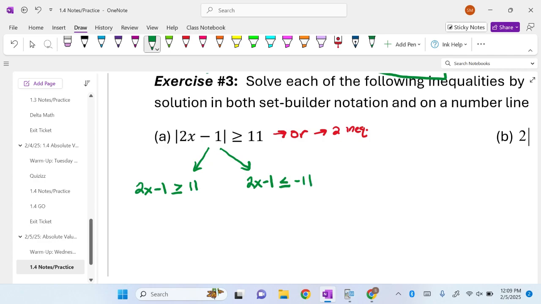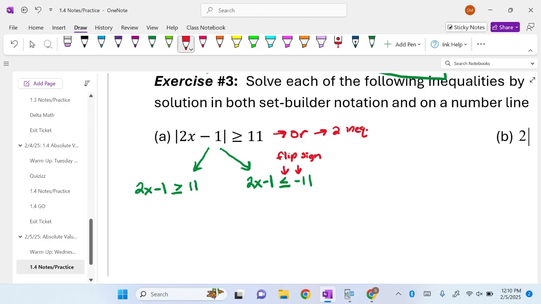Since it's greater than, when I write my two equations, I'm going to basically write the original, just without the absolute value signs. And then I'm going to write it again, but I'm going to flip the sign of the inequality and flip the sign of the answer. So that's another way you can think about it: you flip the sign of the inequality and flip the sign of the answer for a greater than statement.